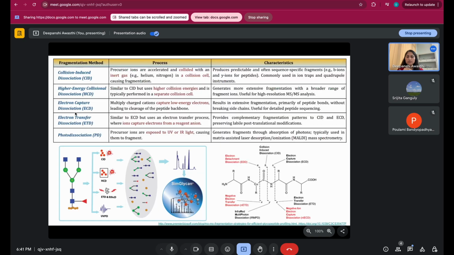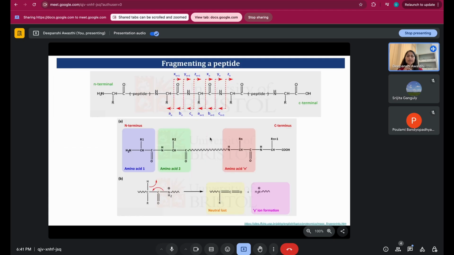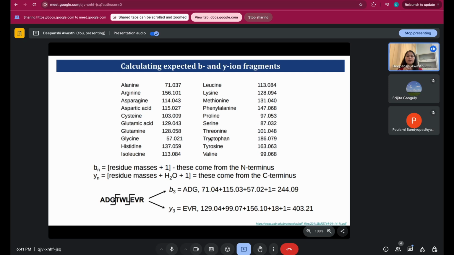In the case of collision induced dissociation, you are colliding it with the inert gas, and in the case of electron capture and electron transfer, you are using some cationic or anionic reagent. The reagents which are present also help to break the bonds, and whenever they break the bonds they transfer something. So whenever the ions are formed, they contain some extra molecules attached to them during the fragmentation.